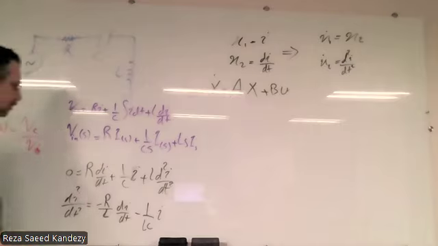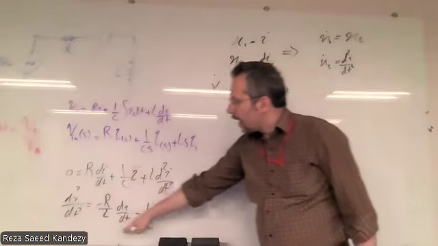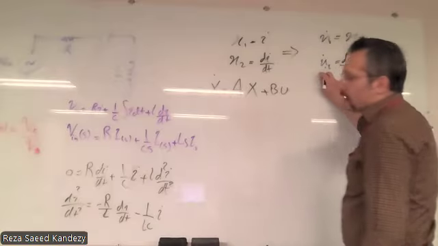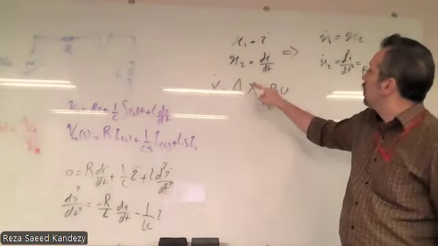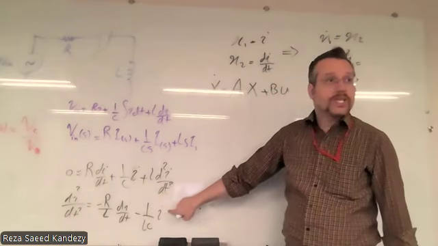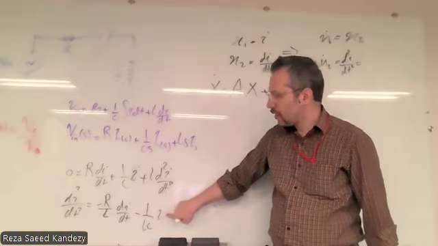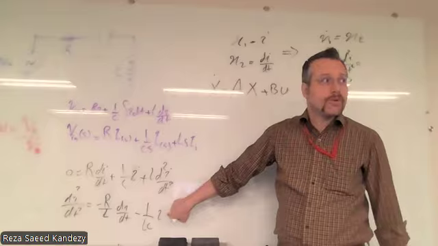Now, let's do that. If we do that, we have x2 dot as this is x2, this is x1, right? The first differential is defined as x2, the I itself is defined as x1. Are we good?